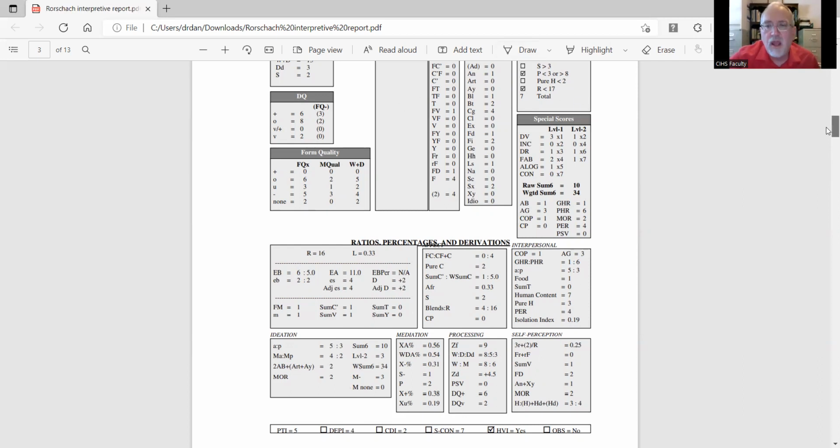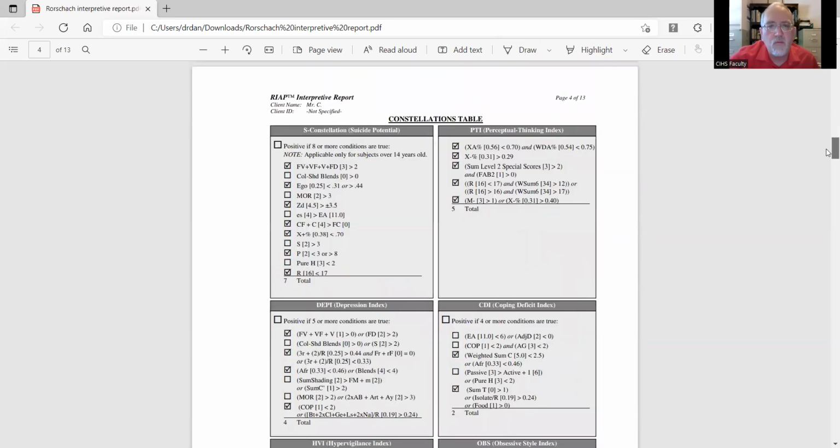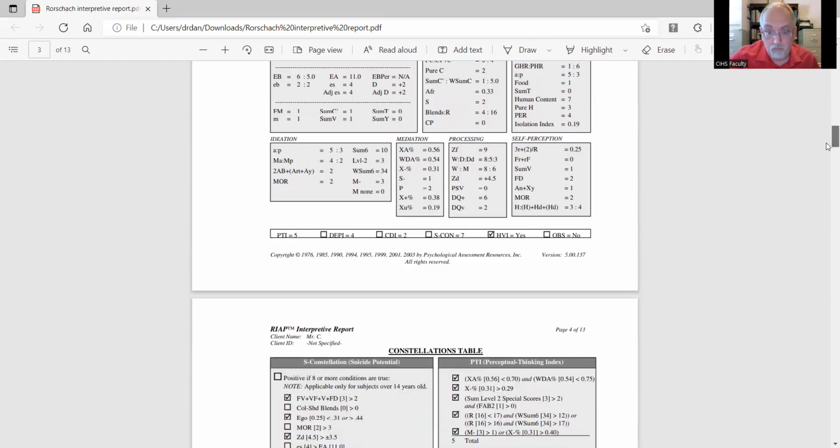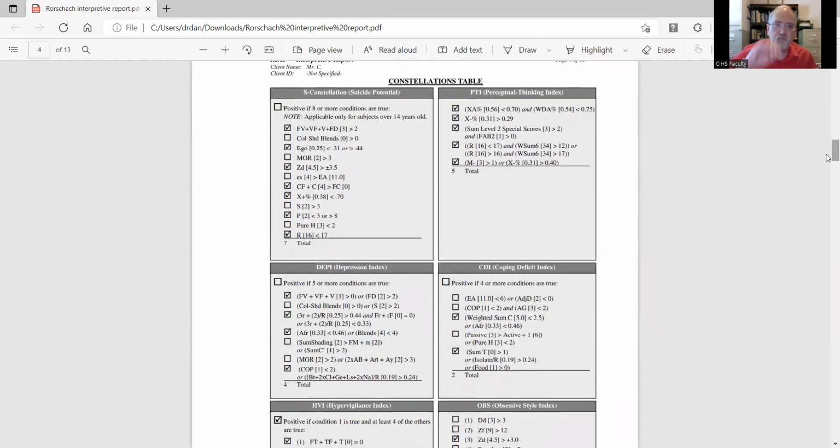And then in order to determine if these constellations are met, there's a bunch of criteria used based on these variables. So you calculate these variables based on these numbers, and then you determine if you have enough for each of these constellations.